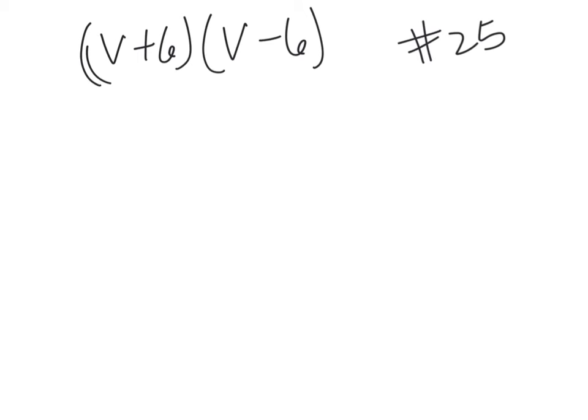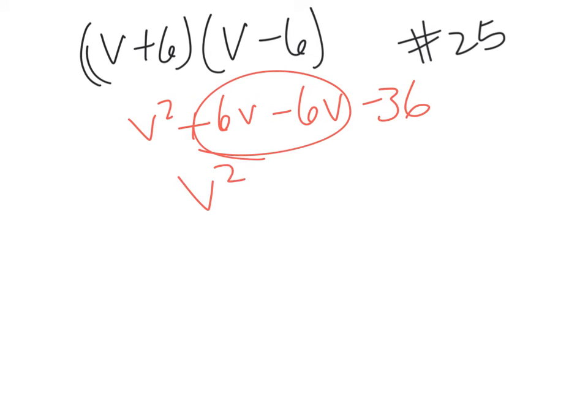So, now again, if I were to multiply it out the hard way, right, I'm going to get v squared plus 6v minus 6v minus 36. And if you don't know where I got that, then you need to go back and review some stuff. Okay, so these two middle terms are going to cancel out. I'm going to get v squared minus 36. So the pattern here, v and 6, 1 plus, 1 minus.